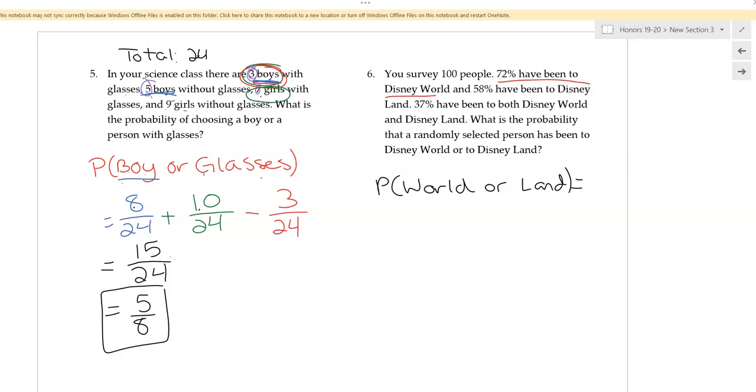So 72% have been to Disney World. So I'm going to add 0.72, right? Because it's changing it to a decimal. Plus 58% have been to Disneyland, so plus 0.58. And then we have to do minus the both, right? These things can happen at the same time.